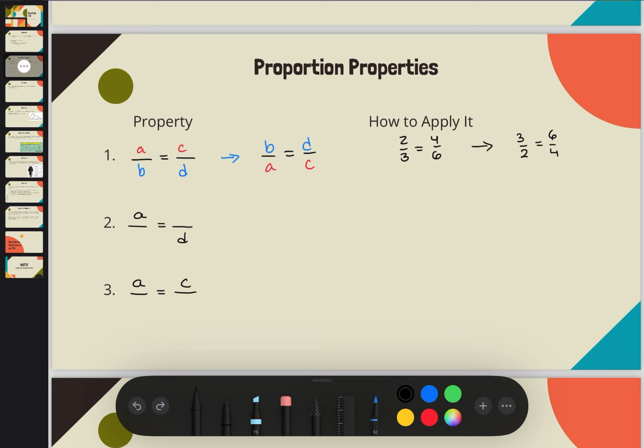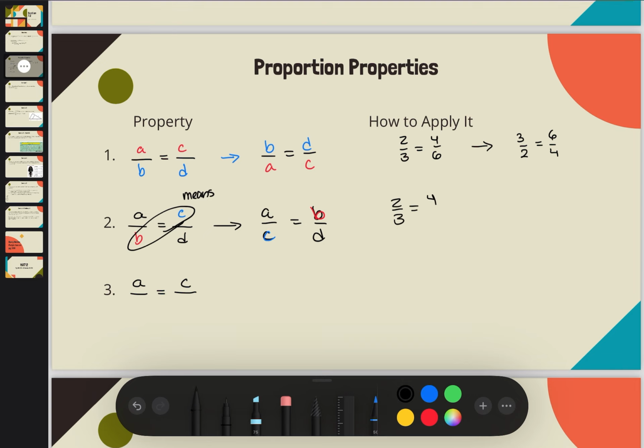All right, our next property has to do with the means. So yesterday we talked about how B and C, these values right here, we call them the means. Property number 2 says, hey, just flip-flop them. So I'm going to swap B and C over here. I'm just swapping the means. And I'm going to color coordinate it again. So this is what it would look like with numbers.